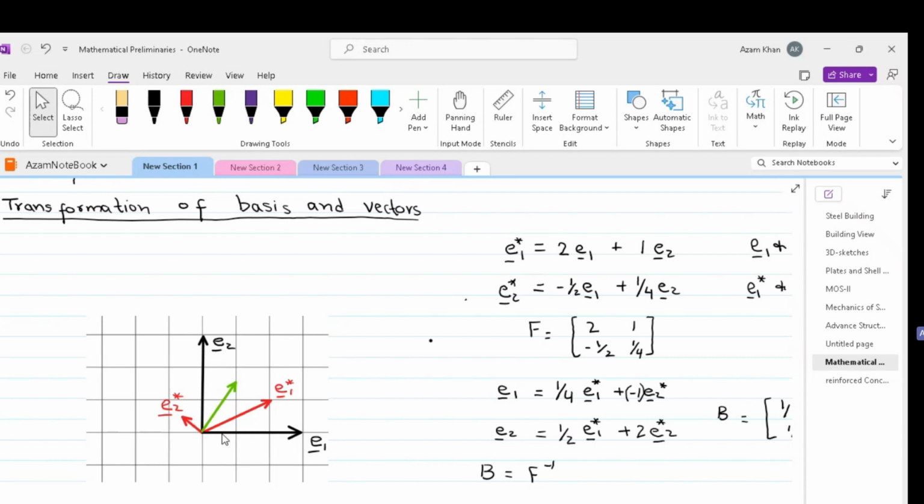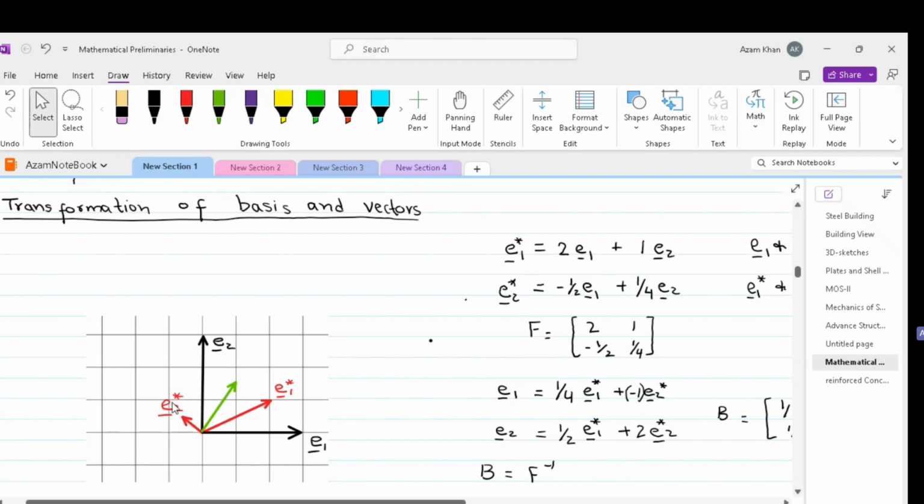We want to express the same vector in a different basis, which is the Ei star basis. Then the basis transformation matrix will help us to represent this green vector in the Ei star basis. In order to be more clear, let us define this green basis in our Ei star basis.